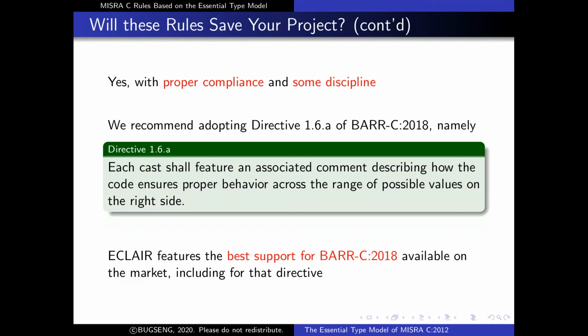The tool will be silent for casts that are safe, so that do not give rise to loss of value, sign, or precision. But for the others, it will prescribe the presence of a configurable comment that can then easily be extracted from the source, so that you can check if you have one or more BPFH in your team, which is a bad thing.